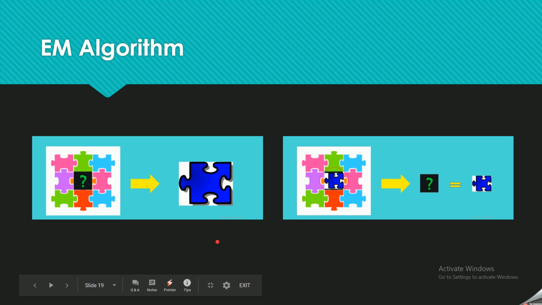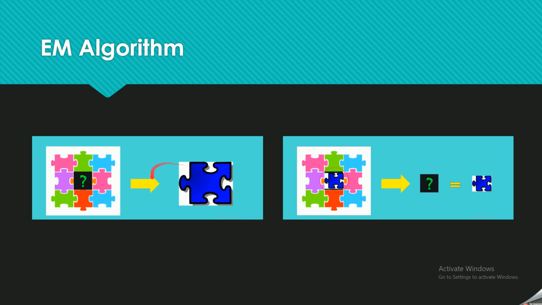Just a graphical illustration. We have got a jigsaw puzzle and here the data is missing. So the first step, we are assuming that the data is coming from a specific model, that is our initial hypothesis. And now we are basically trying to fit this particular jigsaw puzzle, which is your E step or expectation step.